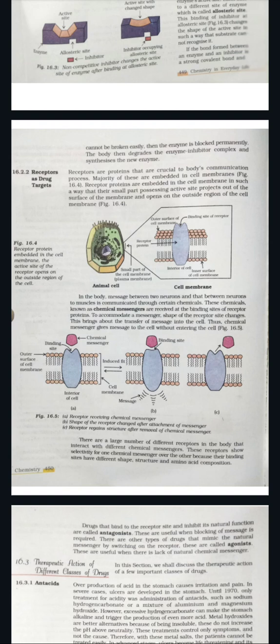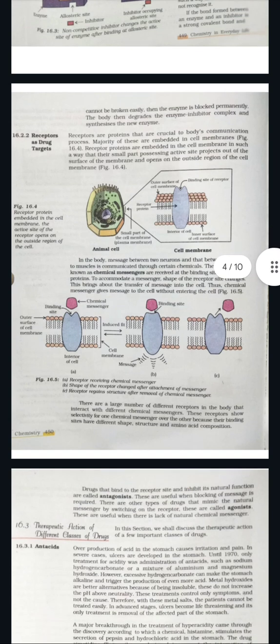These are useful when blocking of a message is required. There are other types of drugs that mimic the natural messenger by switching on the receptor. These are called agonists. These are useful when there is a lack of natural chemical messengers.